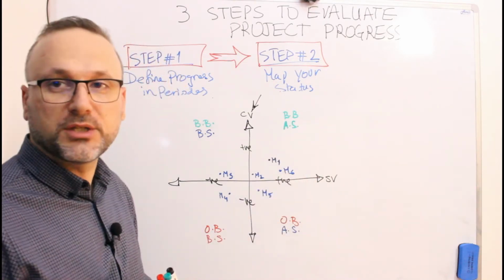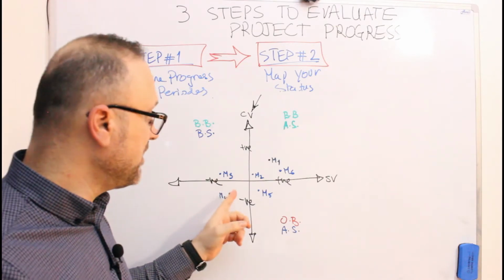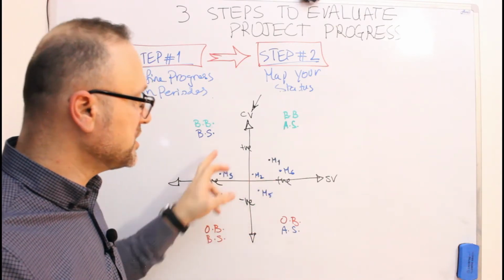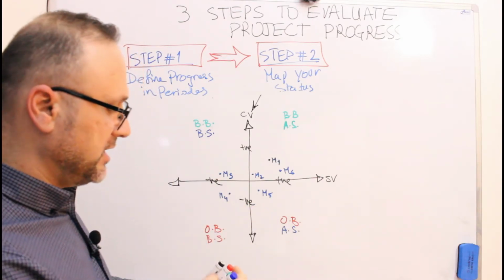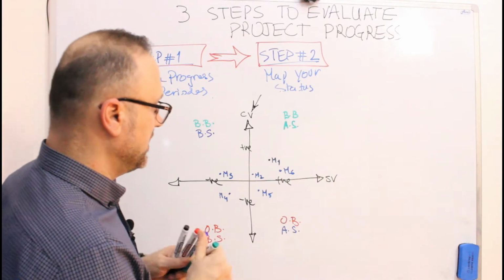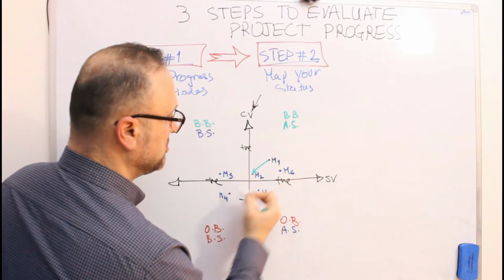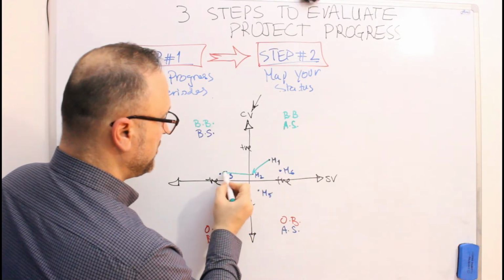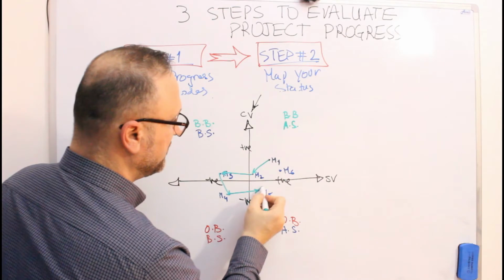Okay? According to the cost variance and schedule variance values from each month, which we calculated, we just map it over here. Now, let's connect all these together. And we go from month number 1 to month number 2, 2 to 3, 3 to 4, 4 to 5, 5 to 6.